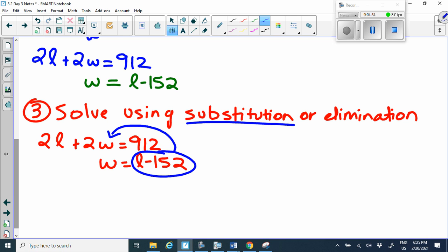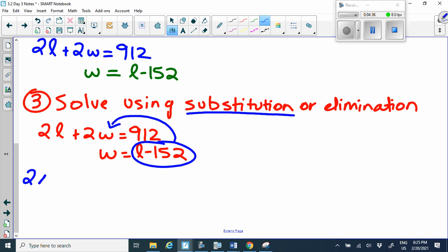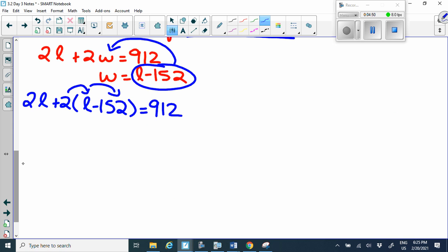Plugging in there, I now have 2L plus 2 parentheses L minus 152 equals 912. I'm going to distribute the 2 to both of the terms in the parentheses. I get 2L plus 2L minus, and of course you can plug this into your calculator, 2 times 152, we get 304. Now we combine like terms.